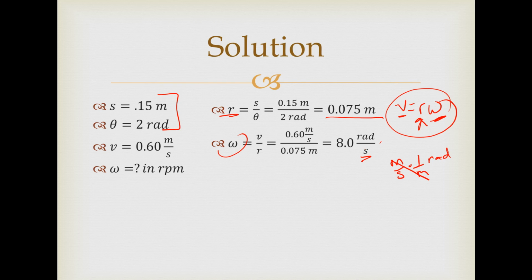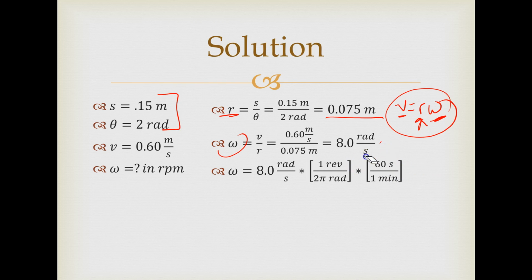Like I said, we're not interested in radians per second. We're interested in revolutions per minute. One of the big things we need to look at is that when you complete a revolution, you're completing one full trip around the circle. How big is one full trip around the circle? That's 2 pi radians, so we do a conversion for that.